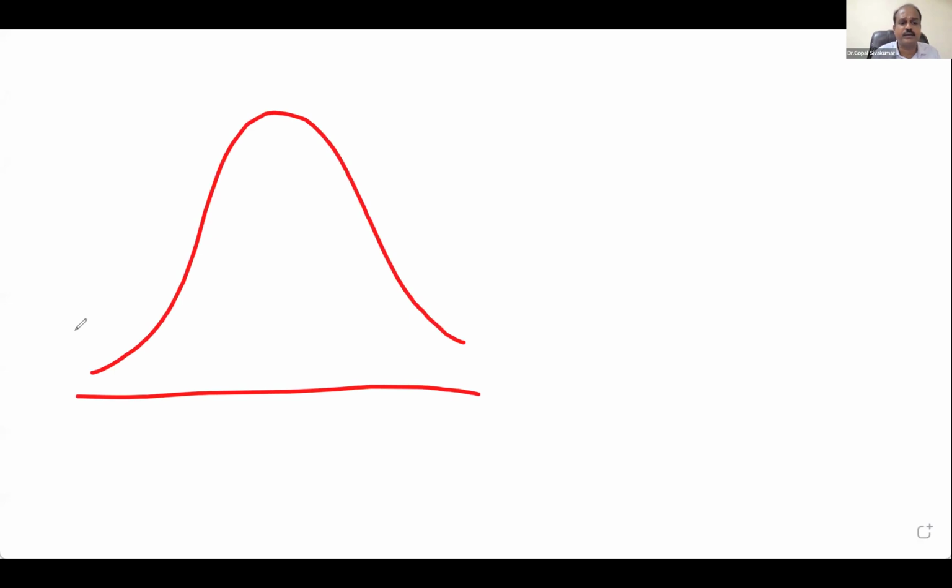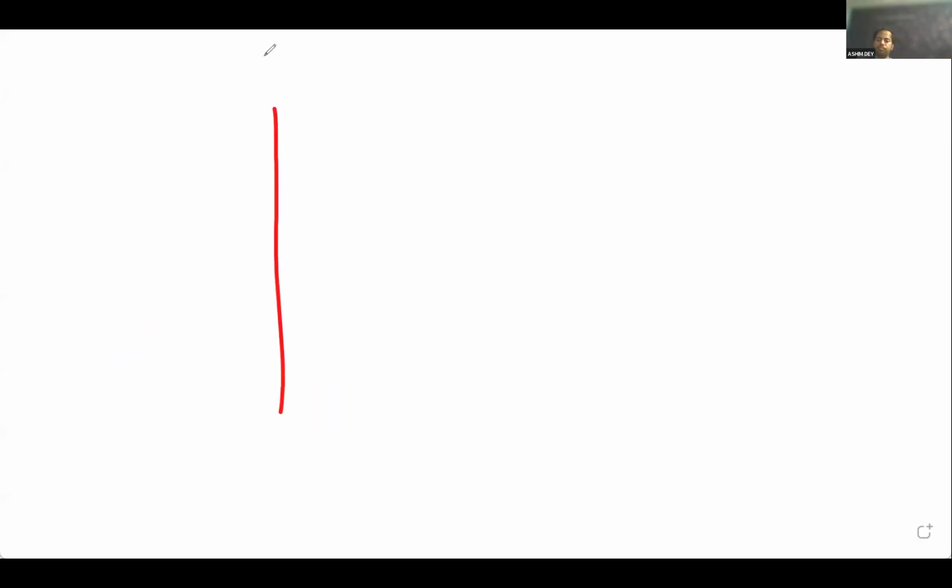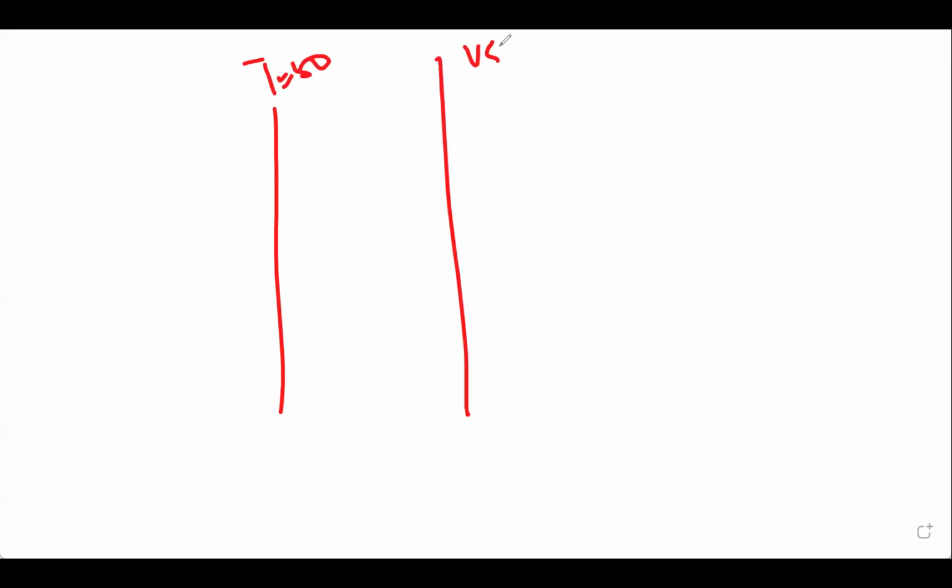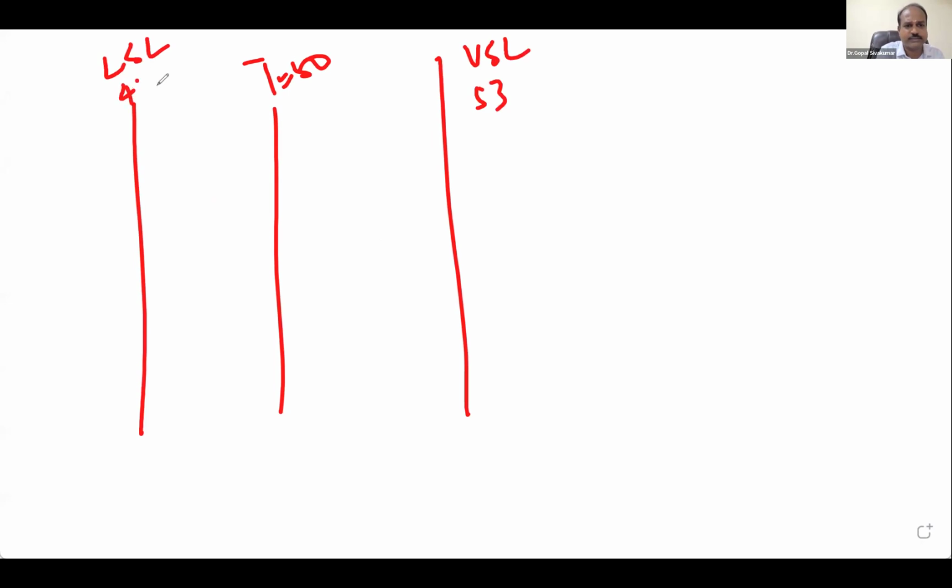Okay, first let me write. The target is how much? 50. Upper spec is 53. And the lower spec is 47. Now the customer requirement is indicated with the 3 lines. And now how is your process performing?